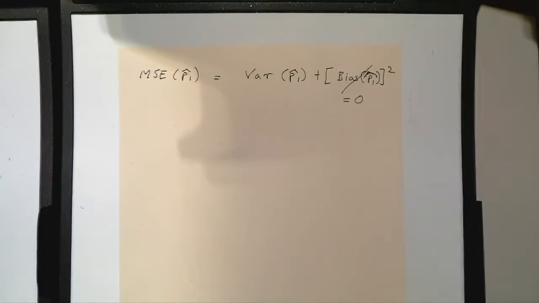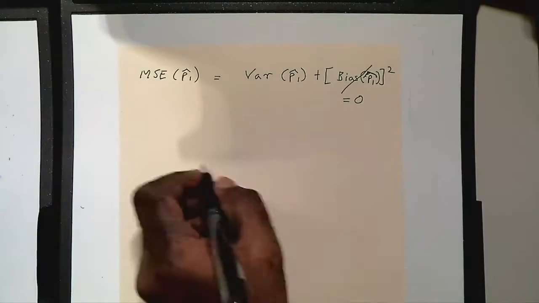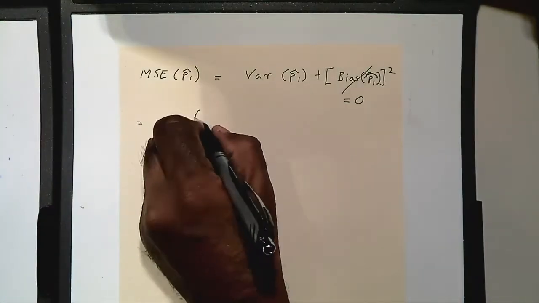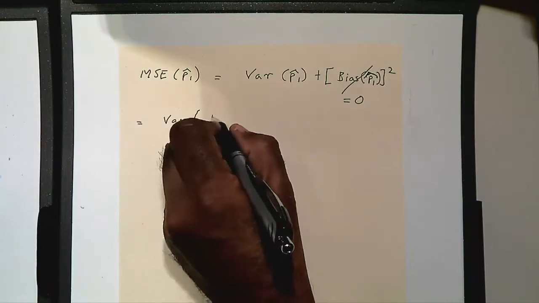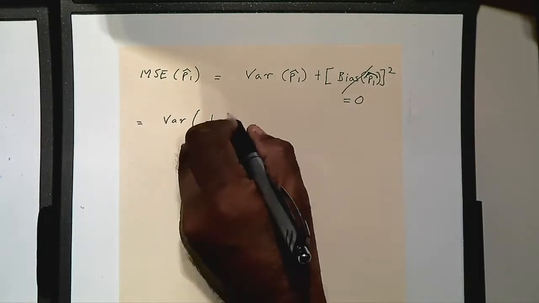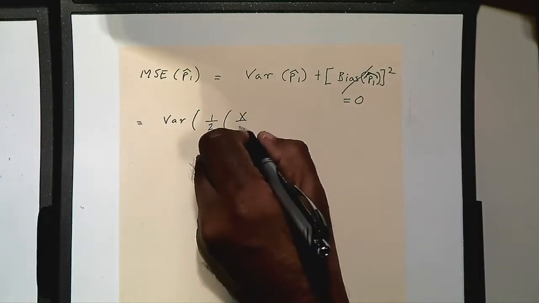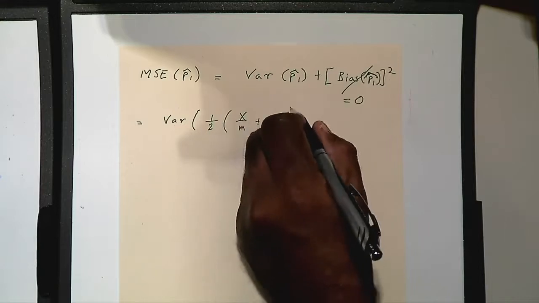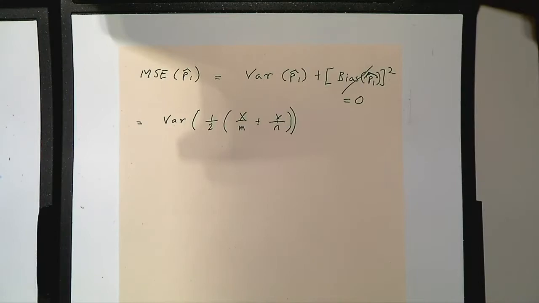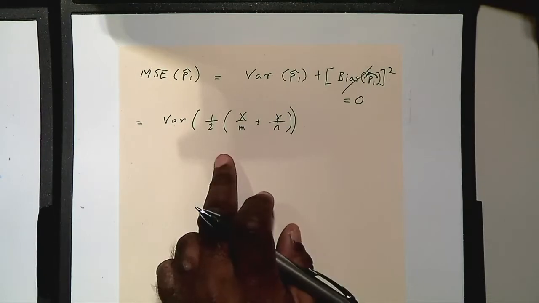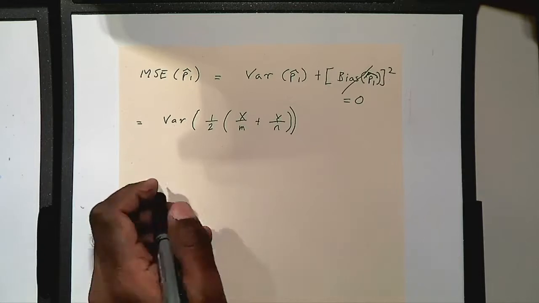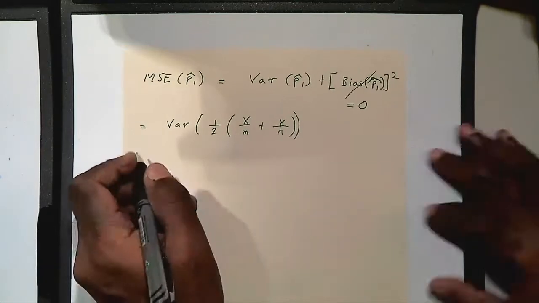We have already shown that it's 0. So this is simply the variance of half of... now, when you take the variance inside, all the constants need to be squared. I'm sure all of you know that. Right, so what will happen?